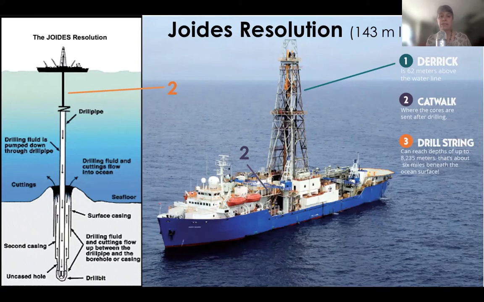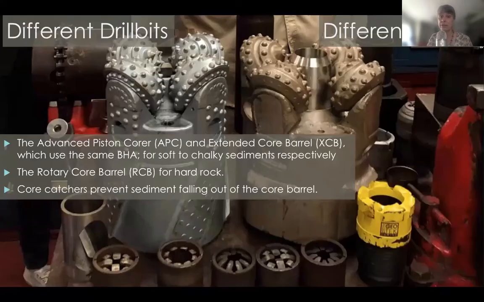And so you drop this drill pipe down to the seafloor, and then you run your drill string through that pipe, up and down, and you drill. And what you drill, how you drill, depends on the type of rock you're entering. So there are different types of drill bits for different cores.